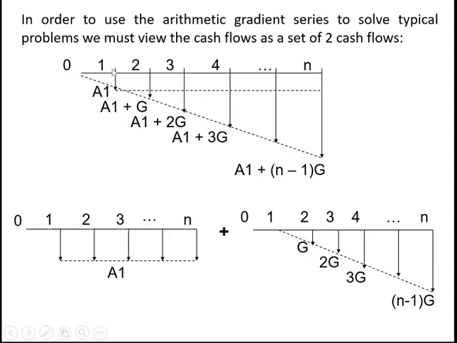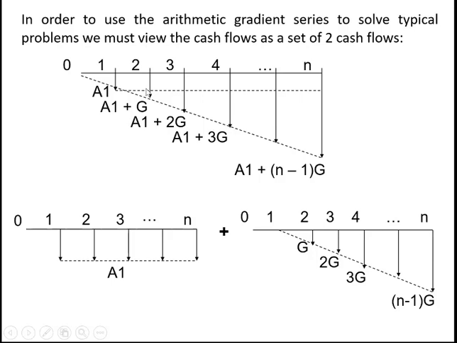At period 1, the cash flow is A1, and then from period 2, 3, 4, and so on, the cash flows increase by a value of t.